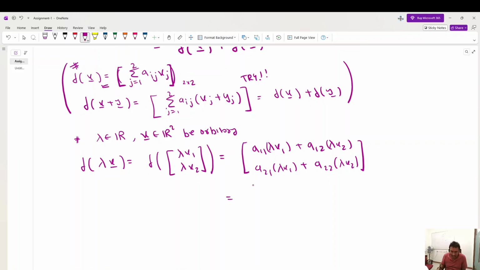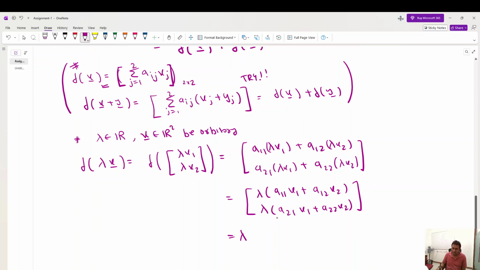Now you see, in the first row, you can take lambda common, a11 x1 plus a12 x2. And the second row also you can take lambda common, a21 x1 plus a22 x2, right?